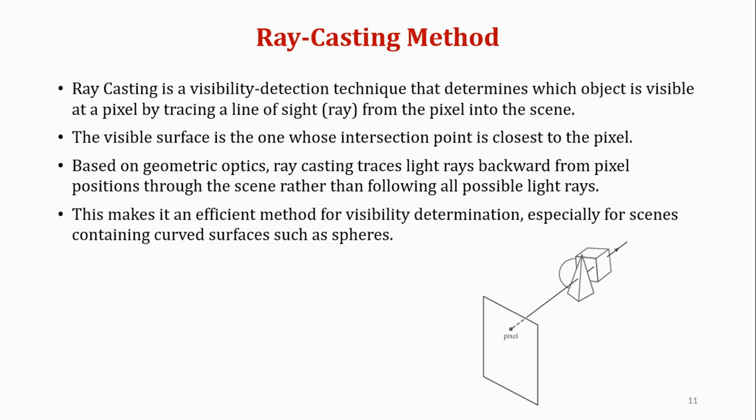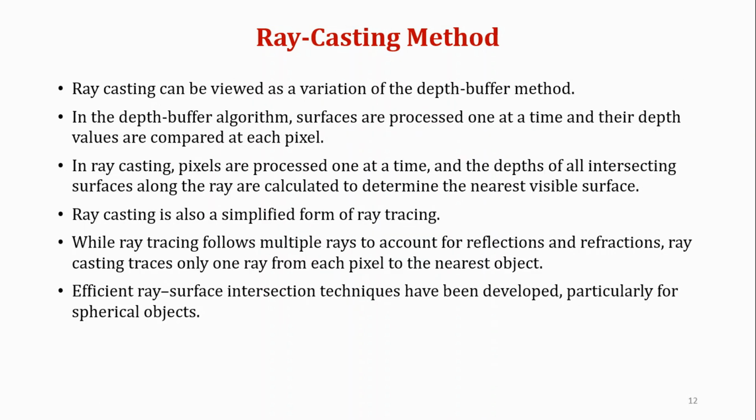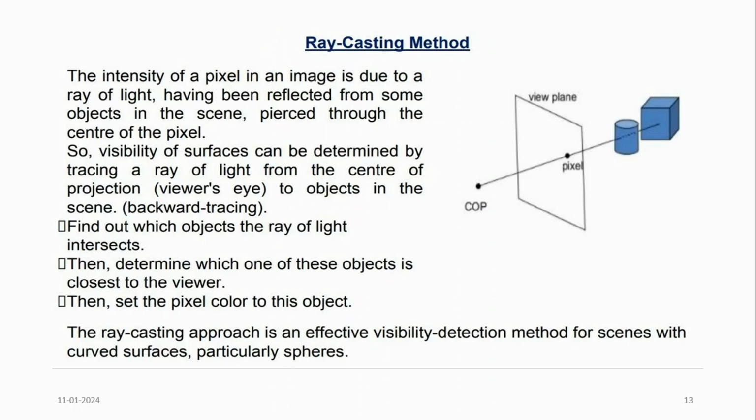Let us move on to the working of ray casting. In step number one, we generate a viewing ray, an imaginary line. Step number two, trace the ray into the scene. Third step, calculate the intersection between the ray and the objects. As we saw in the image, we project a line onto the object.